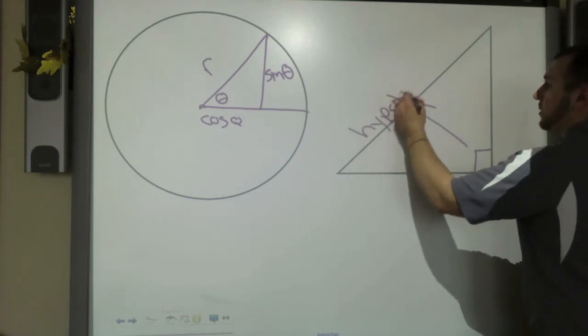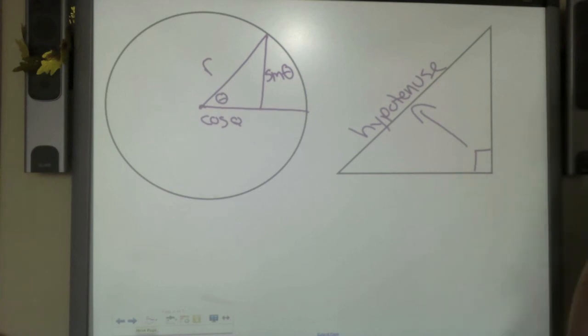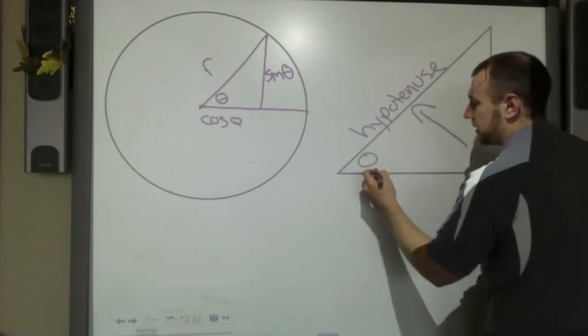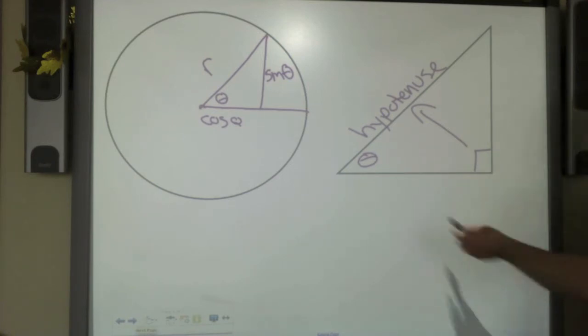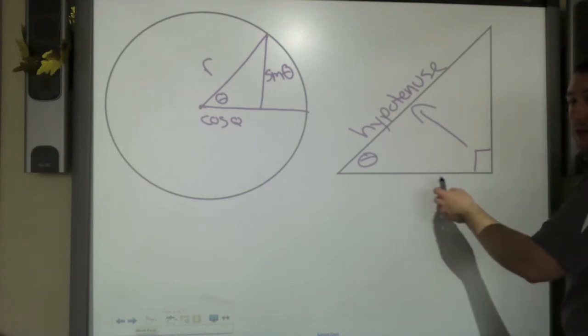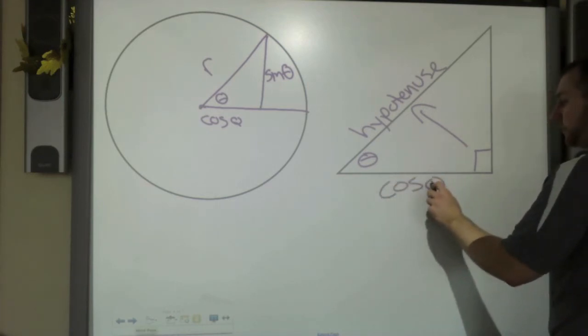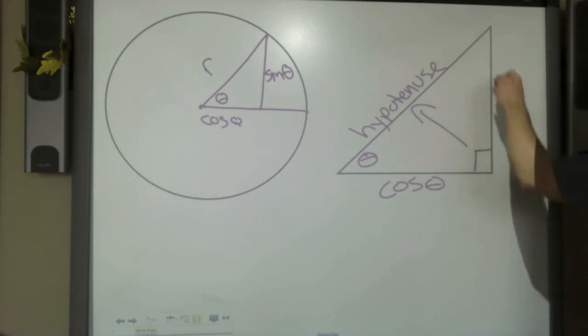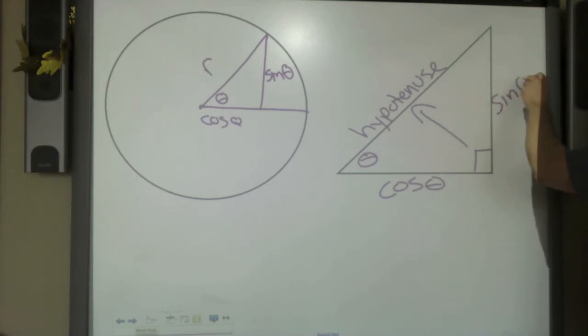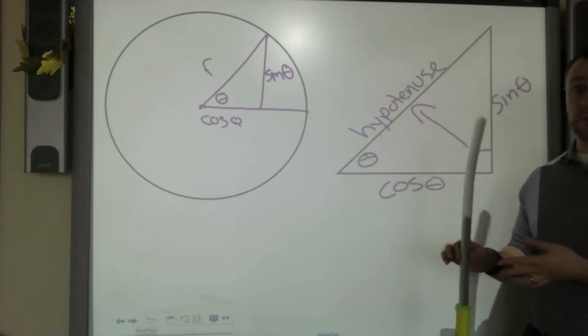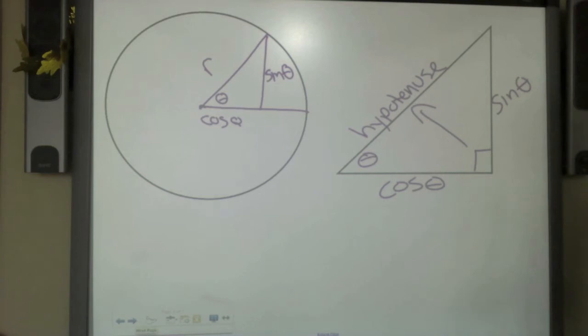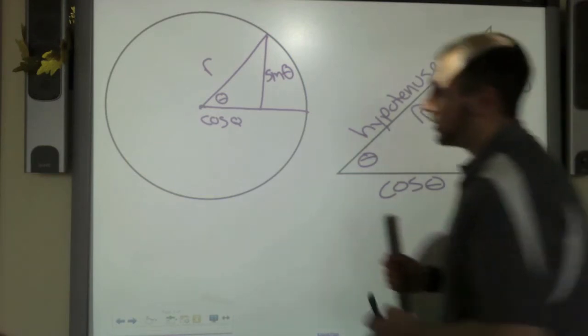Now, if I translate that over here, this is a right triangle. Now, we all know the opposite side to the right angle is called the hypotenuse. Okay, let's define this as my theta, my angle that I'm looking at. Well, this right here is my cosine. And this right here is my sine.